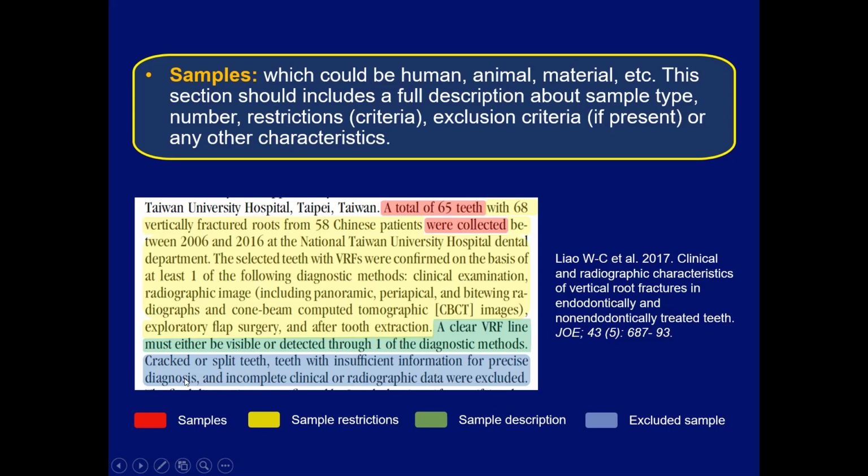He said that cracked or split teeth with insufficient information for precise diagnosis and incomplete clinical or radiographical data were excluded. So this paragraph overall represents four different main things related to the description of the samples: numbering, restriction, description, and exclusion.